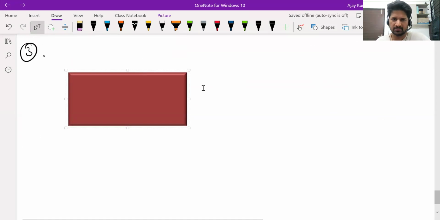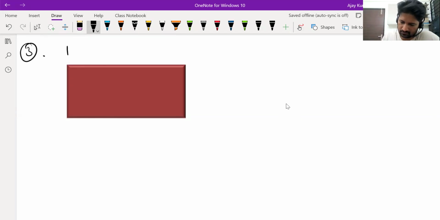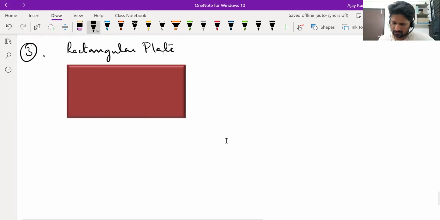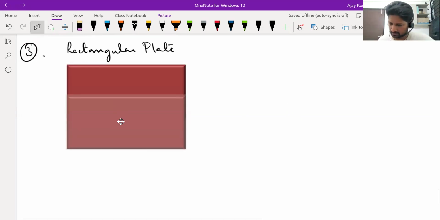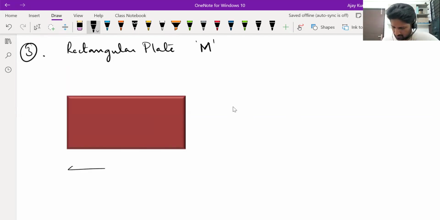Again, a 2-dimensional system. I'll have to give you its mass and dimensions, right? So assume the total mass is m. One side is A, the other side is B.